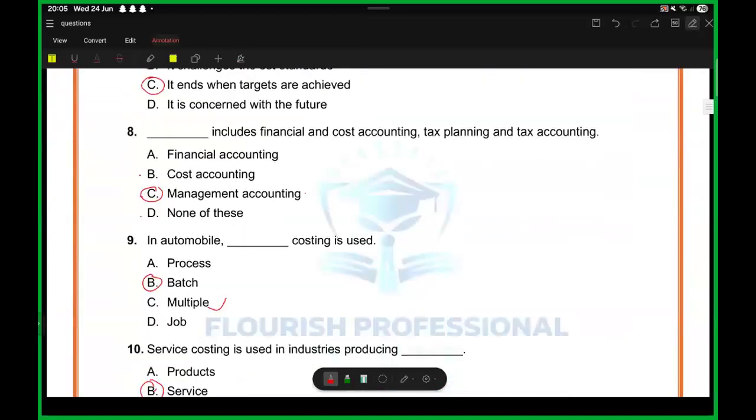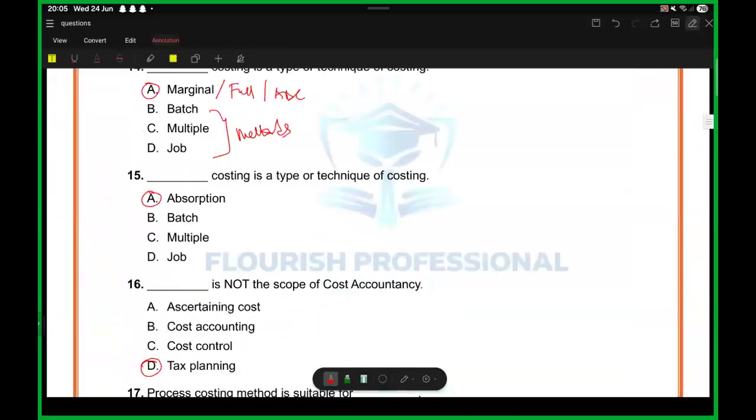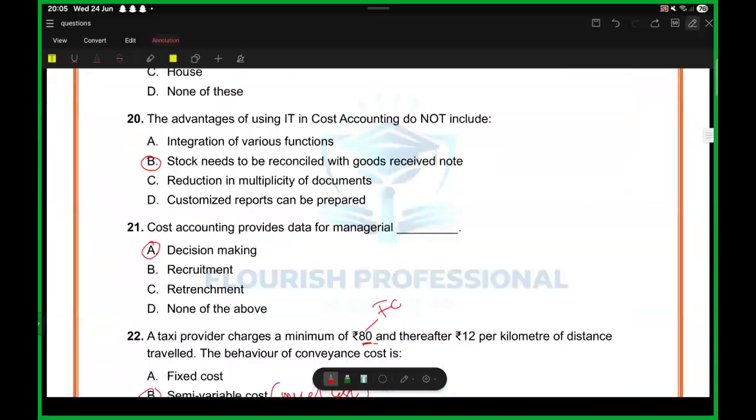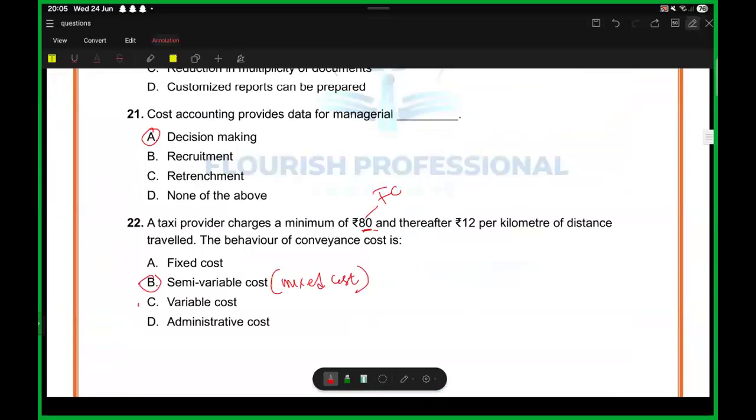They gave an example where we have 80 and 120. Question number 22: a taxi provider charges a minimum of 80 and thereafter charges 12 per kilometre for distance travelled. We said that this is a semi-variable cost, because it's a mixed cost. It has both an element of fixed and an element of variable.